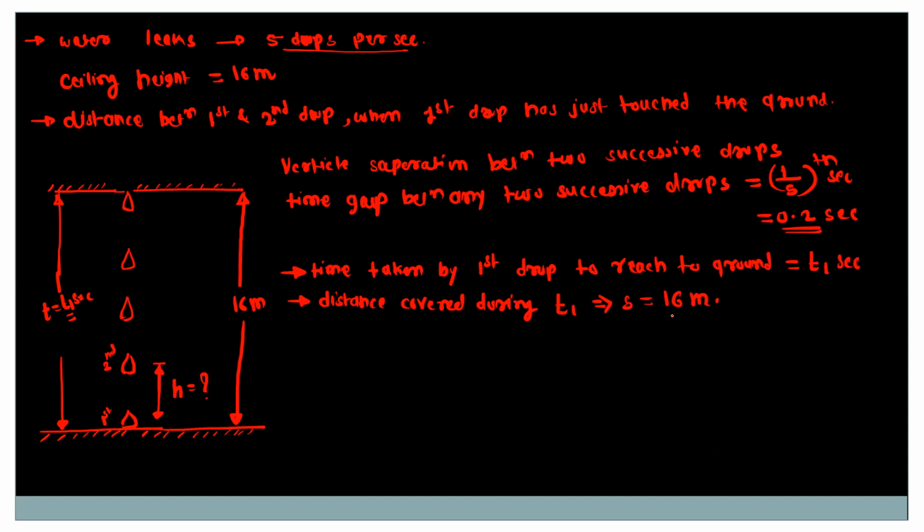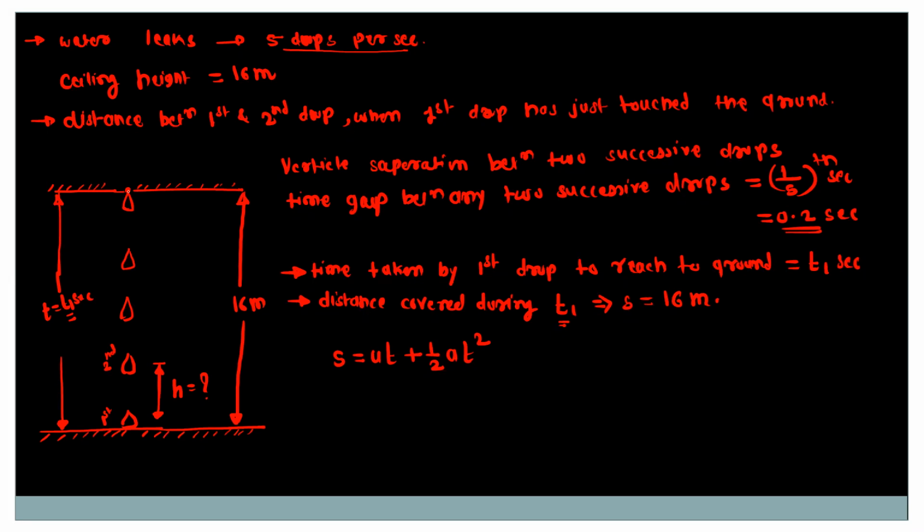We can use the equation s is equal to ut plus half at square. We have the distance value equal to 16 meter. Time t is the unknown to be determined, so this is t1, and acceleration is equal to plus 9.81 meter per second square. Why are we considering plus? Because the first drop, or any drop, starts the motion from this point.